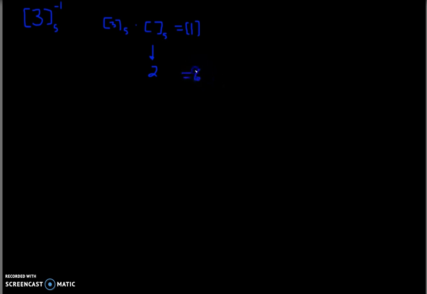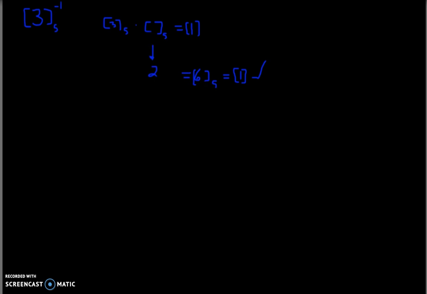And when we work out 6 mod 5, that's going to give us 1. So your multiplicative inverse would be considered 2, and that's of 3 mod 5. So that checks out. That wasn't so bad. That was actually pretty fun.